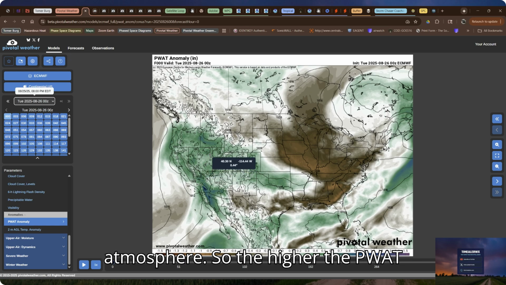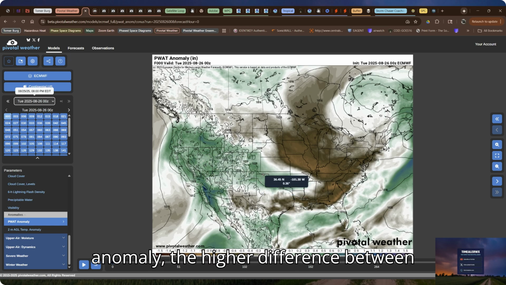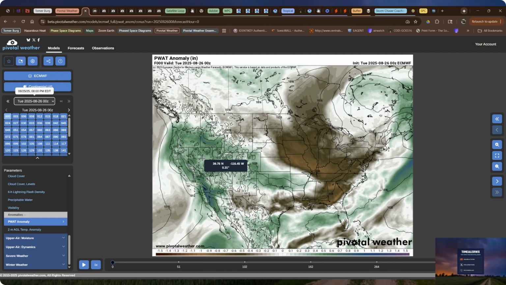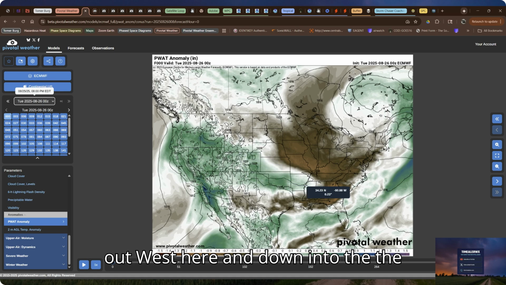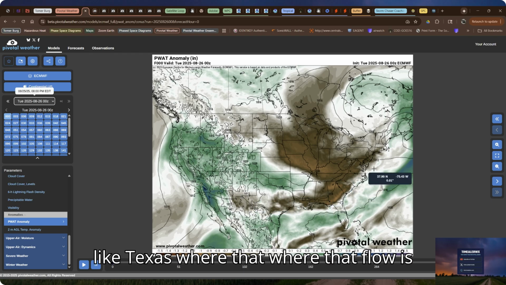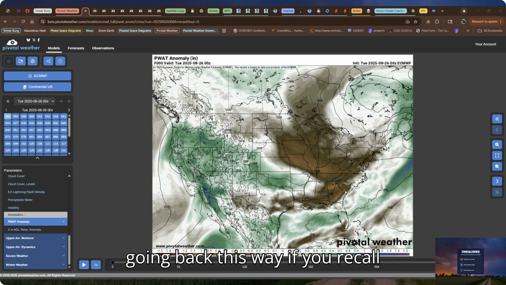So the higher the PWAT anomaly, the higher the difference from normal. So you can see the deep greens here out west and down into the southern tier of the United States, except for like Texas, where that flow is going back this way.